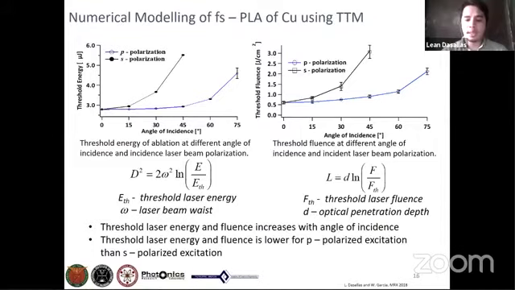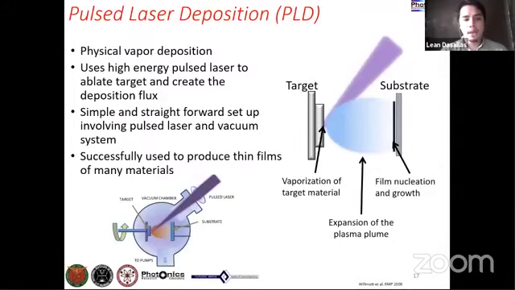That will mean that the polarization of the excitation has to be properly oriented in order to improve the deposition or the ablation efficiency. Now, allow me to move on with the deposition part.